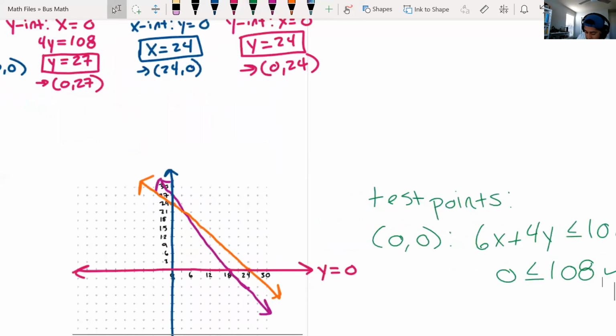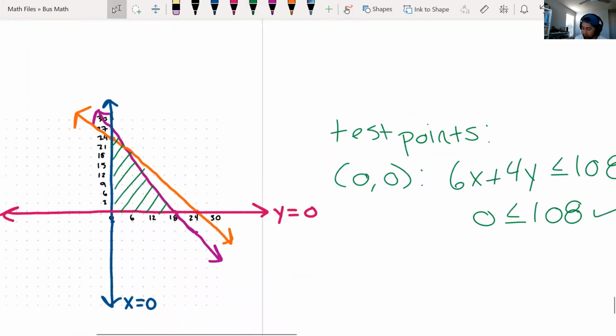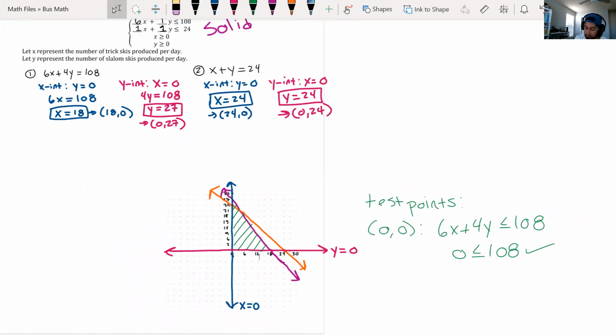Let me zoom in for that. Down. So again, we don't need to go past the first quadrant. Okay. And then put 0, 0 into the second equation. What's a good color to shade down with? Red.